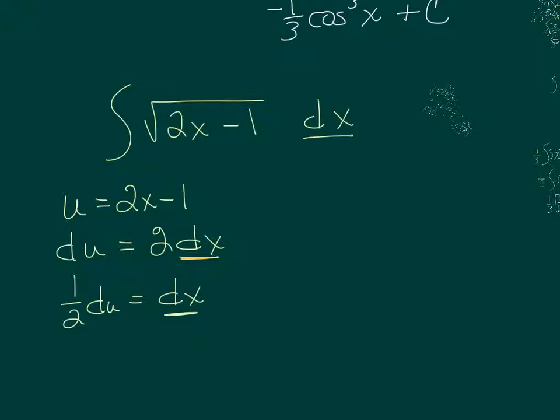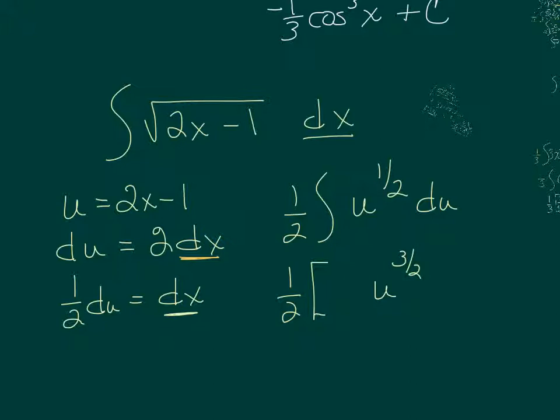Now that's exactly what I have in my integrand, so I want to rewrite it. I've got u to the 1/2 times 1/2 du, and I'm going to just put that 1/2 out front. Now that's a simple looking integrand. When we integrate, we're going to get 1/2 times u to the 1/2 plus 1 is 3/2 times 2/3 plus c.